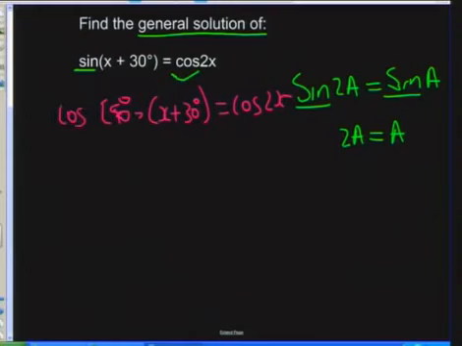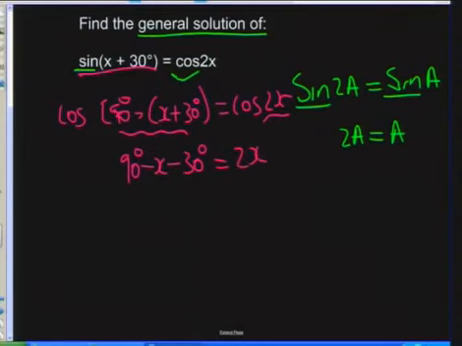So I can change this to cos by subtracting this angle from 90. Remember, if you use 90, sine changes to cos, and cos changes to sine. Since they're the same, I can drop this lot. Distribute the minus: 90 degrees minus x minus 30 degrees, which is 2x.